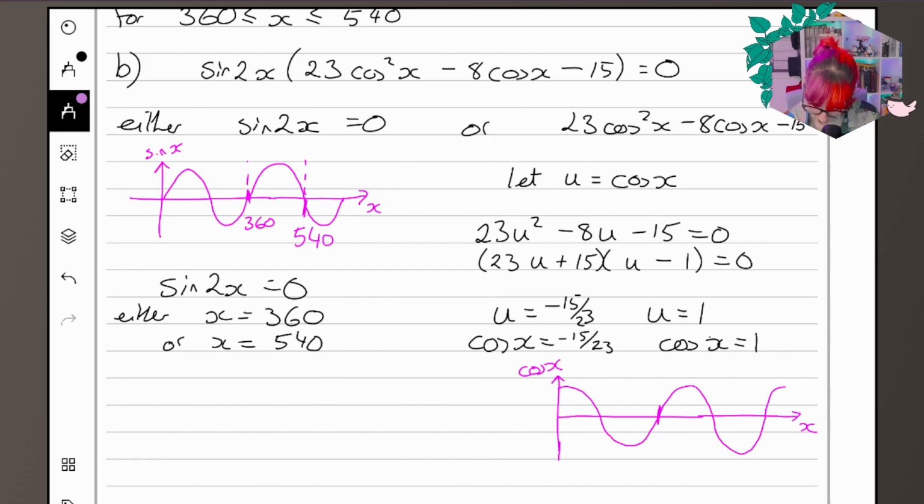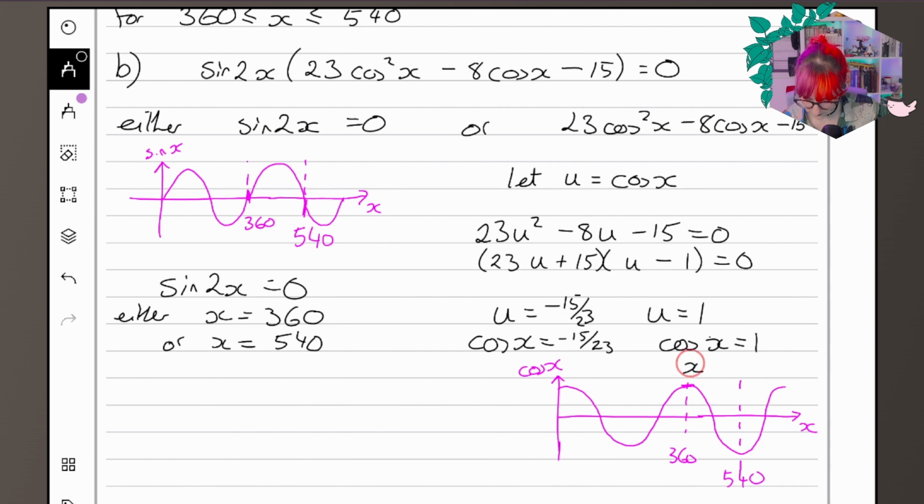Okay, so that's going to be 360 now, and that's going to be 540. So cos of x equals 1 between 360 and 540. That's going to be x is 360 again.